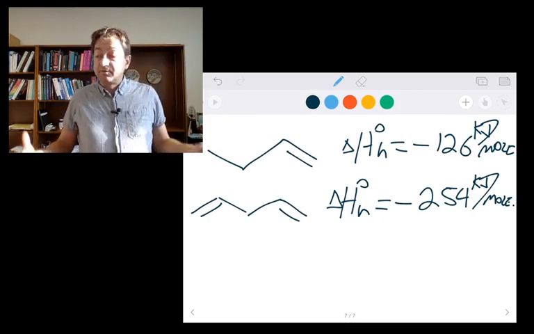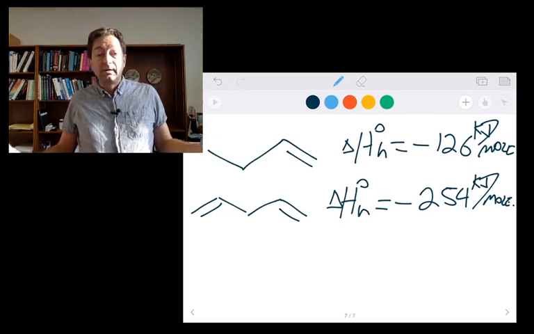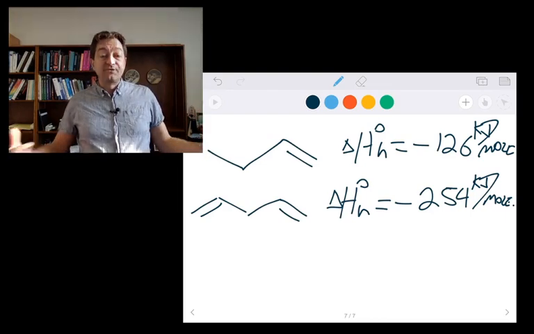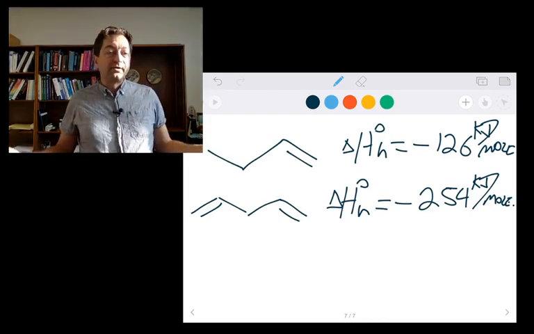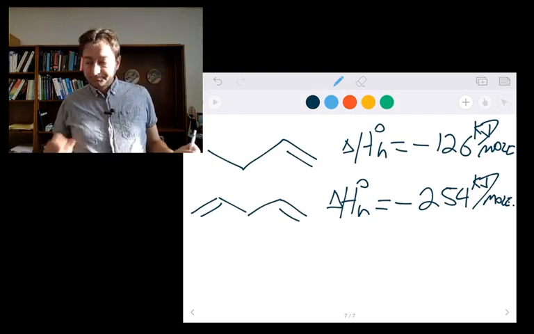This makes some sense. We've got one double bond in the very first molecule, and adding a second double bond, it basically doubles the heat of hydrogenation. The total amount of energy that we get out, or the energy per double bond, is roughly the same.